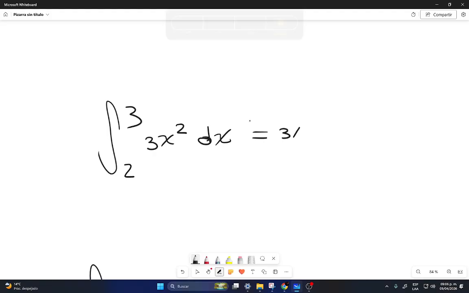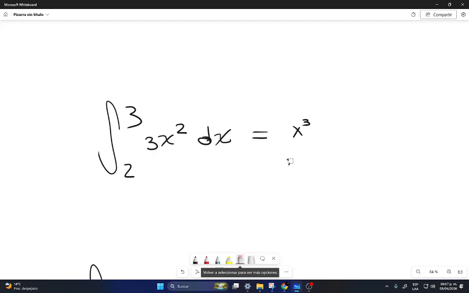So it's 3x squared plus 1 over 2 plus 1. But this is 3 and this is 3, so let's rewrite it as such. And these two things can be cancelled, so basically the antiderivative is just x cubed.